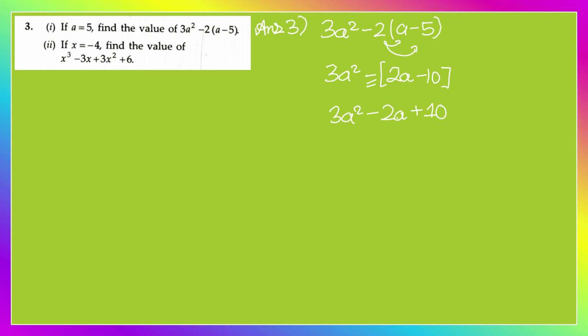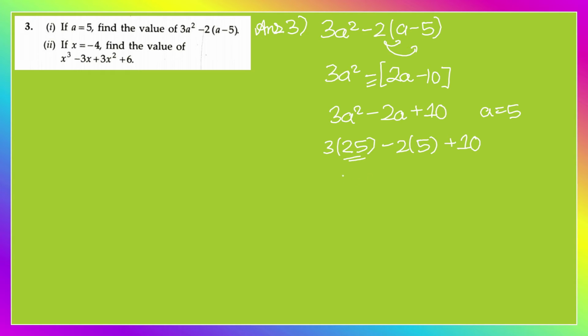And now we have to substitute a equals 5. So we have 3 multiplied by 25 because 5 into 5 is 25, minus 2 into 5 plus 10 like this. Again, I'm going to use a little trick here. I'm going to write 3 into 25 as 75 only.